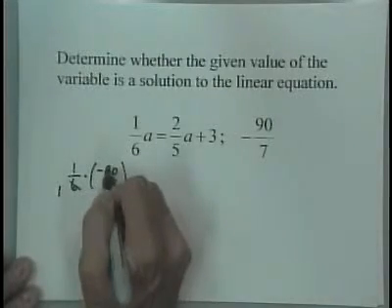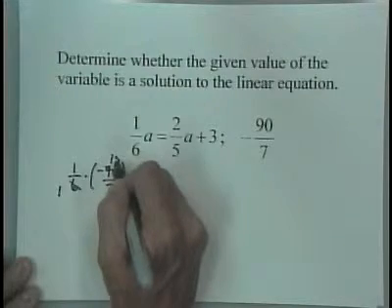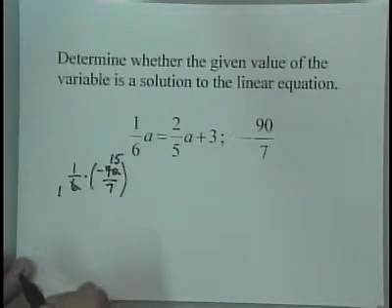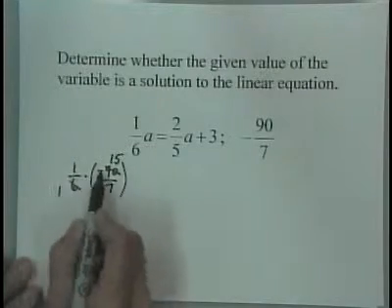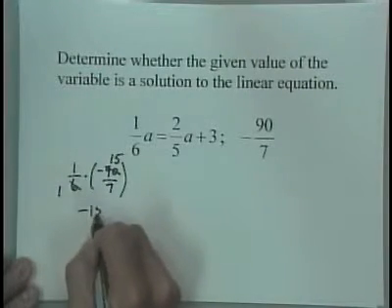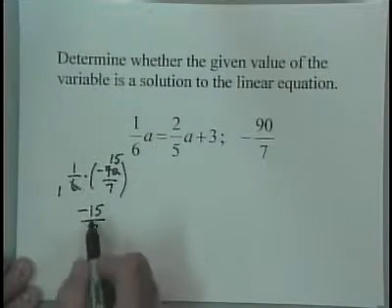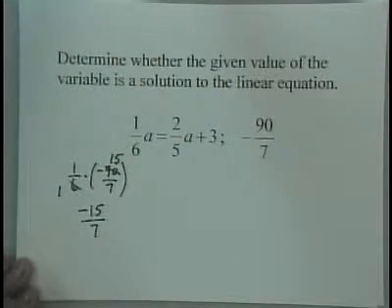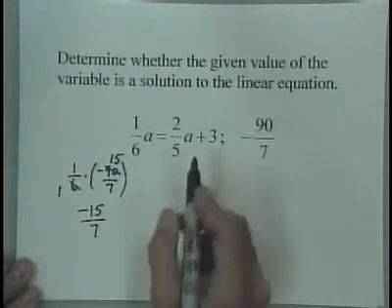So let's simplify the common factor of 6, and 6 divided into 90 gives us the number 15. So that's actually -15. 1 times -15 is -15, divided by 1 times 7 is 7. And -15 sevenths doesn't simplify, so let's stop simplifying the left-hand side there and move over to the right-hand side.